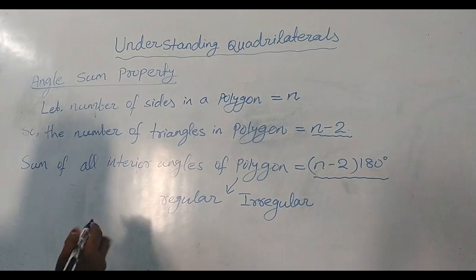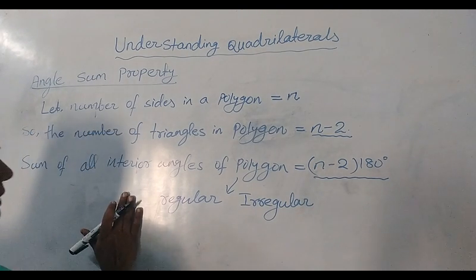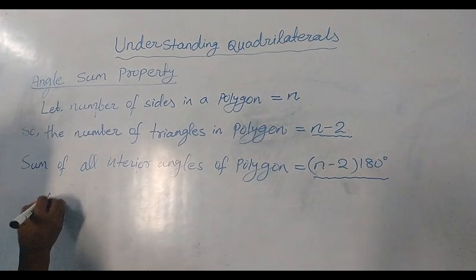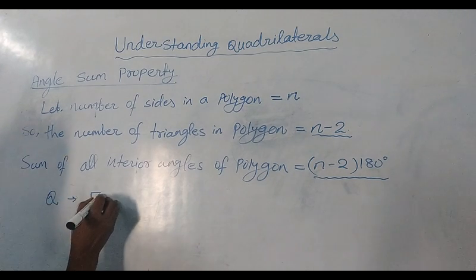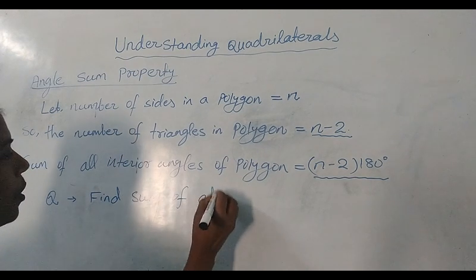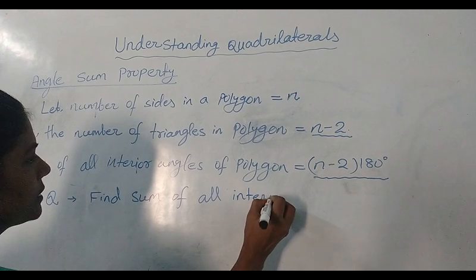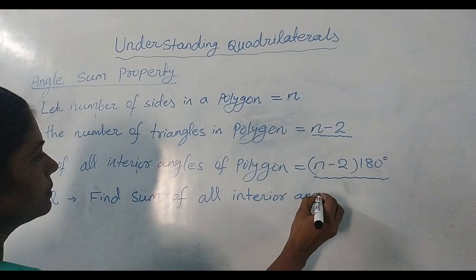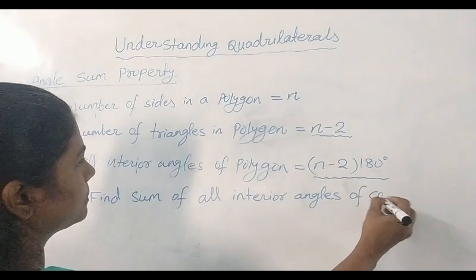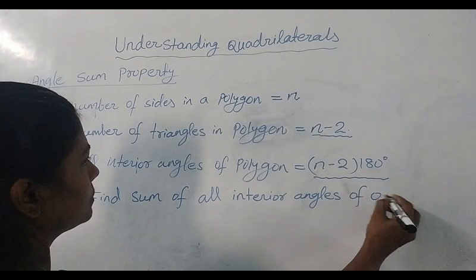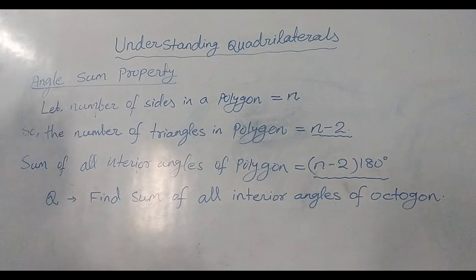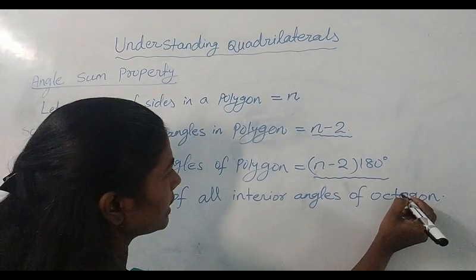Now suppose the question is: find the sum of all interior angles of an octagon. So an octagon has how many sides?